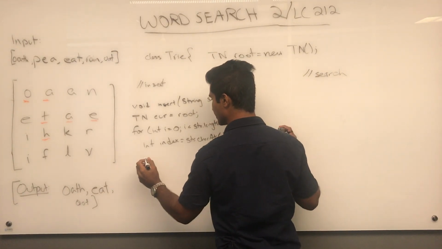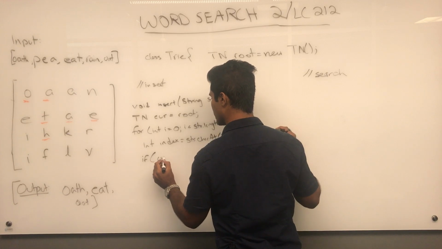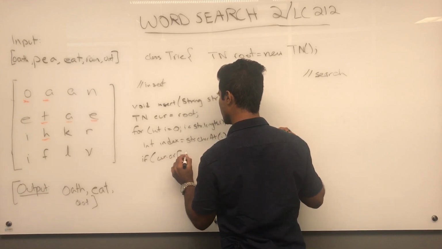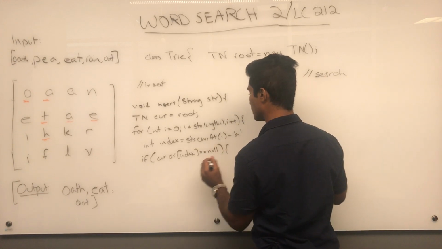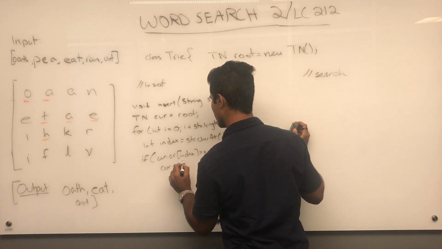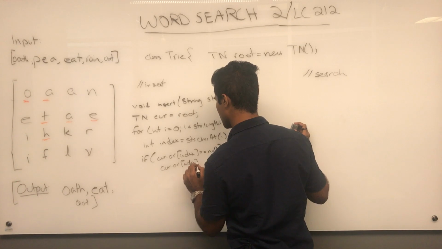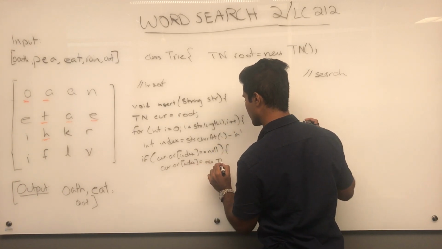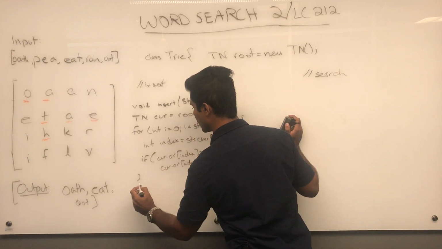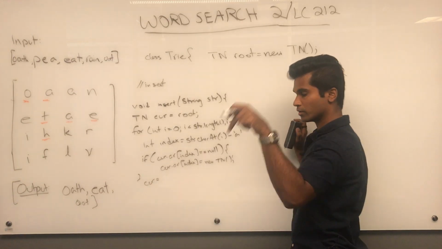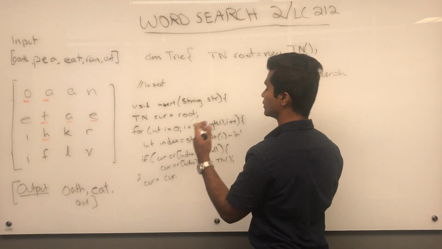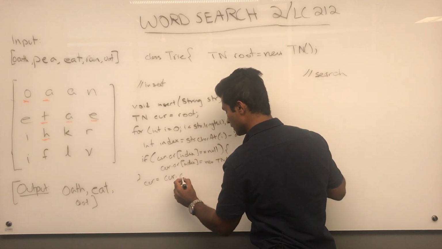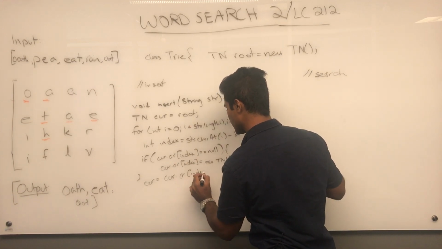Once we have that, then we say if cur.ar of index is null, then cur.ar of index is going to be set to new TrieNode. And then we just pass the pointer along the bottom of the tree and continue with the string, cur equals cur.ar of index.